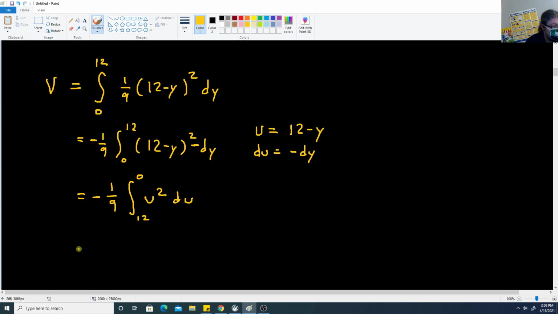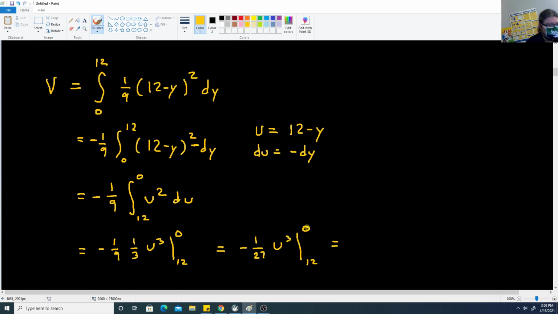So we say, okay, this is going to be -1/9. The integral of u squared will go to 1/3 u cubed. And my limits of integration will be 12 down here to 0 up here. So basically what I have is -1/27 of u cubed from 0 down to 12.